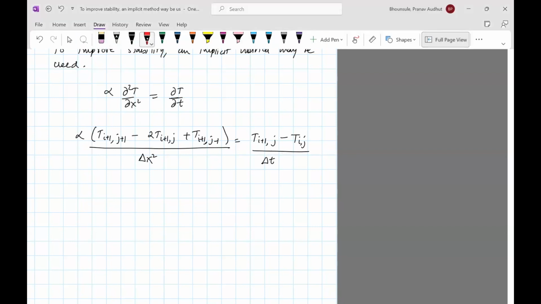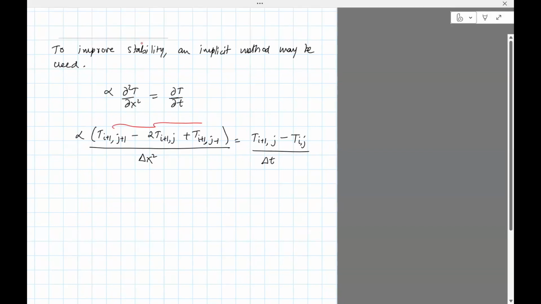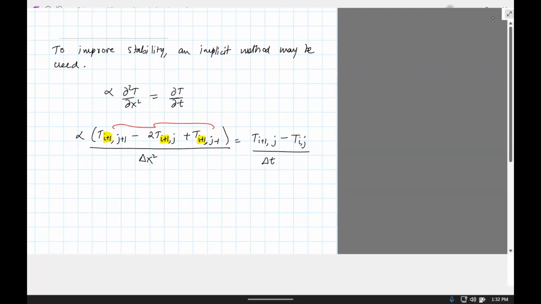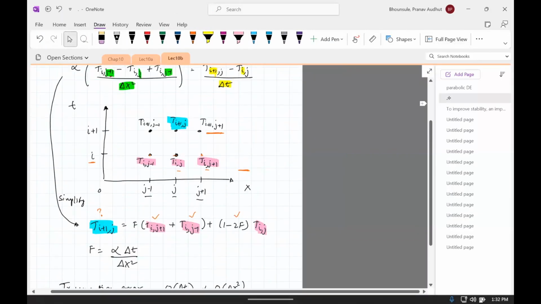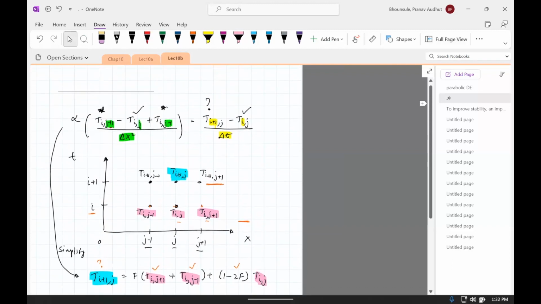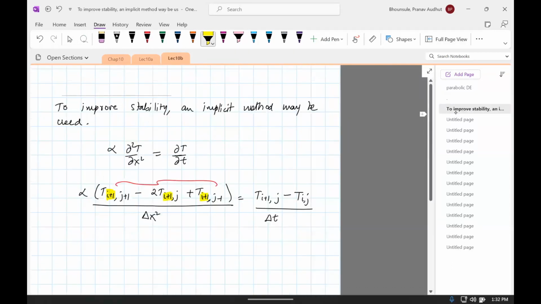So what is done here is look at this. Here we've used i plus 1. Okay, this is different from what we did previously. You see, this was just i, and i. So we just change it to i plus 1.